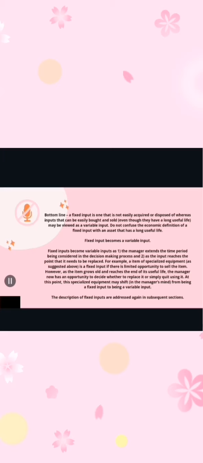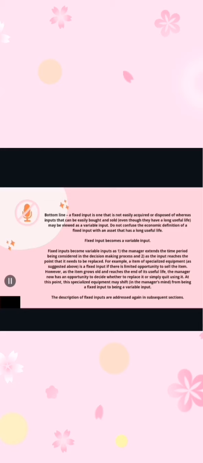Fixed inputs become a variable input as first, the manager extends the time period being considered in the decision-making process. And second, as the input reaches the point that it needs to be replaced.